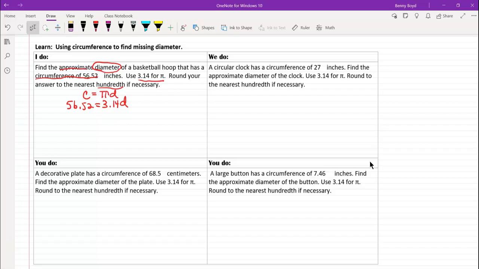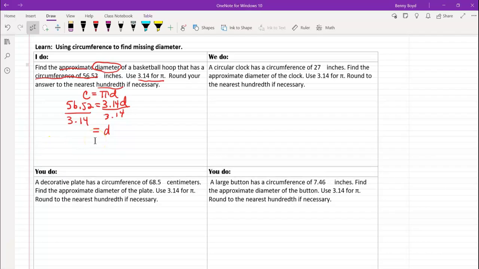Now to solve for diameter, this is just a one-step equation. We're going to divide by 3.14 on both sides. And so the diameter equals, let's plug that in our calculator, 56.52 divided by 3.14 equals 18.